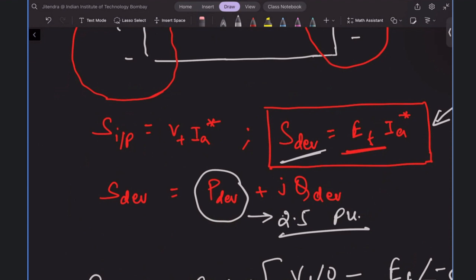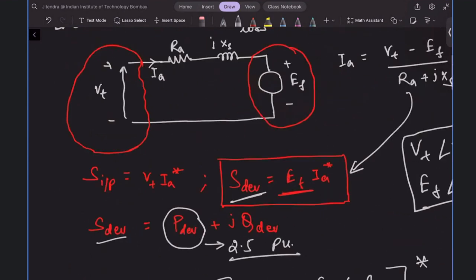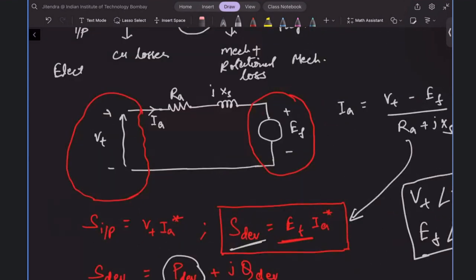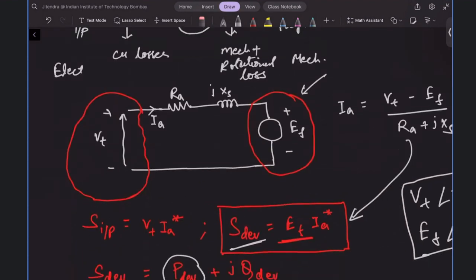With this approach we moved ahead with developed apparent power equal to developed real power plus reactive power, and the maximum value of developed power was given as 2.5 per unit. We drew an equivalent circuit of the synchronous motor, where Vt will be at the input node and Ef at the developed node, where the power will be developed. In between, armature resistance and synchronous reactance will be placed.